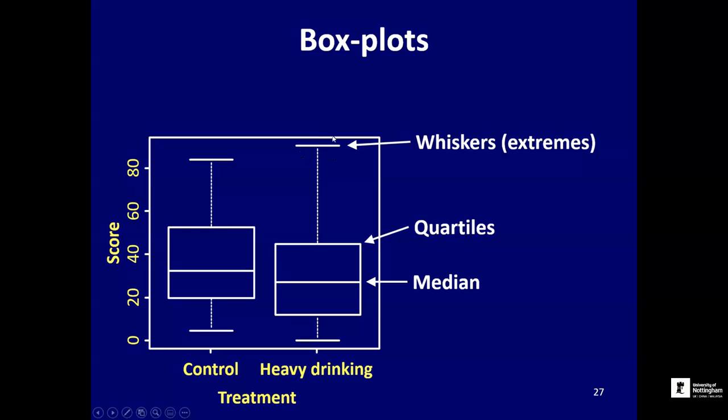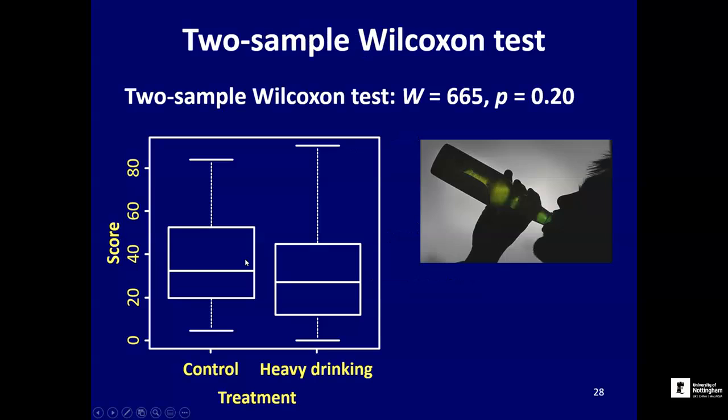The best performing student of all was one who was on the drink the night before, but the median performance for the control group is a bit higher than it is in the heavy drinking group. So that suggests that maybe there is an effect. Maybe the sober students are performing better, but we don't know until we've run an appropriate stats test. And there's a lot of overlap here, so maybe there isn't a difference.